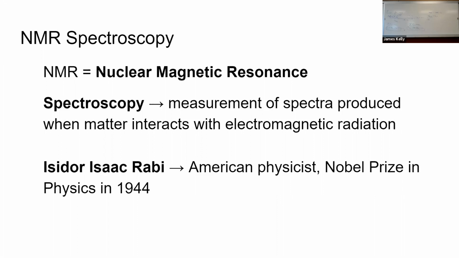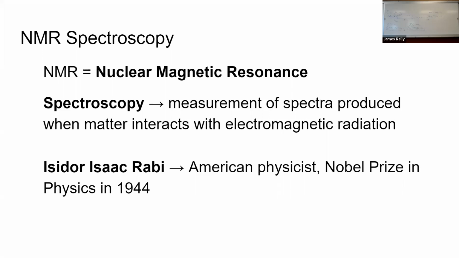The nuclei absorb and re-emit this electromagnetic radiation, which is important for creating a spectra, which leads to the second portion of NMR spectroscopy, which is spectroscopy. And that's just the branch of science that's concerned with the interactions between light and matter through analyzing spectra. And in this case, these spectra are graphs that show the response of molecular systems to different wavelengths of radiation.